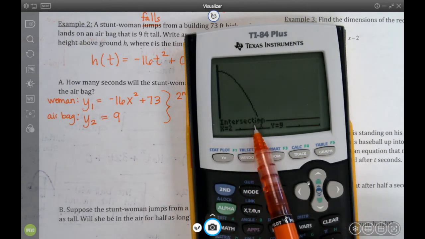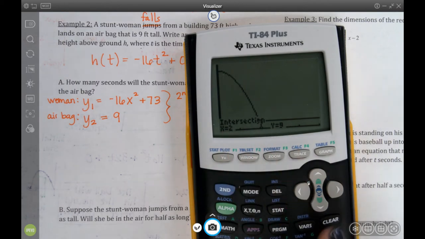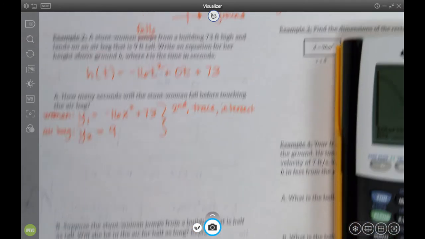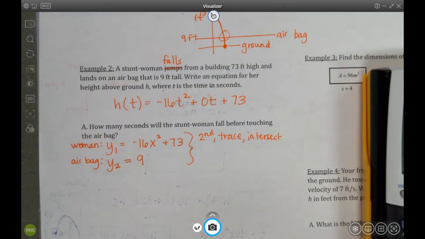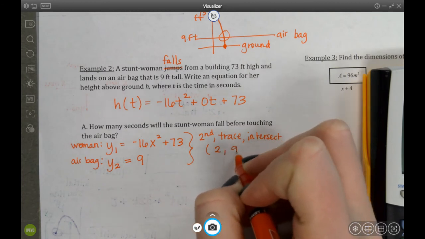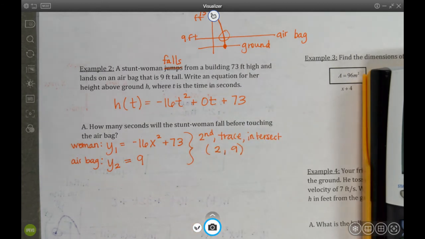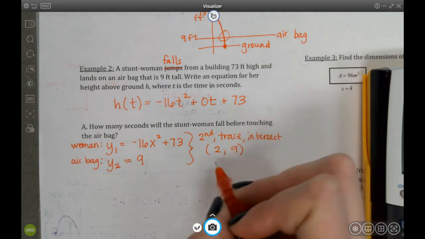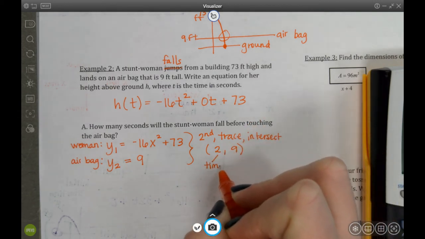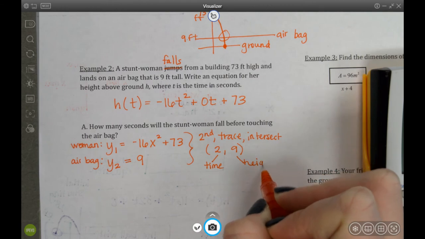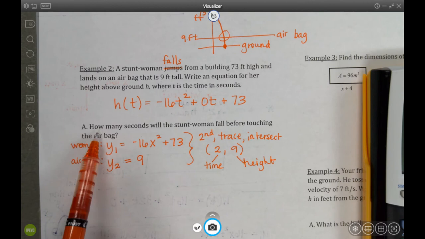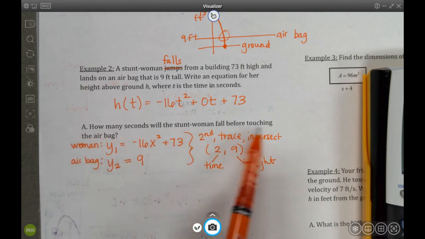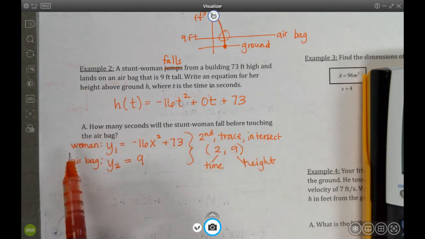So it shows you the intersection is the point 2, 9. So the point right here where they cross is the point 2, 9. 2 is talking about time. 9 is talking about height. So the question's asking, after how many seconds will the stunt woman fall before touching the airbag? So how many seconds does she fall?